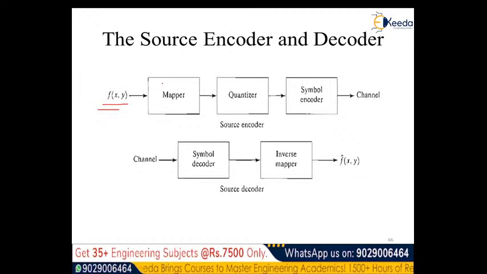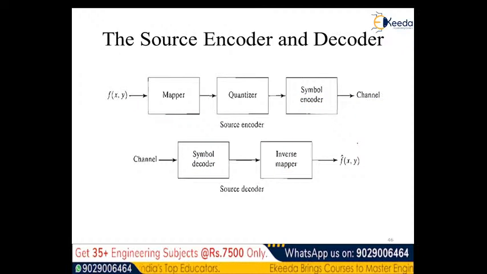It is fed as input to the mapper that further feeds it to the quantizer and lastly to the symbol encoder, and thereupon we feed it over the channel for communication. From the channel we obtain it at the symbol decoder stage, then the inverse mapper, and here we have f cap of x comma y, the reconstructed image.